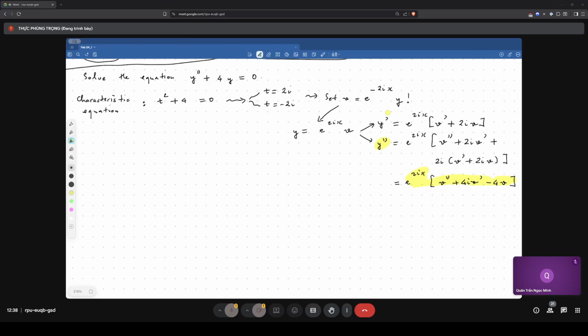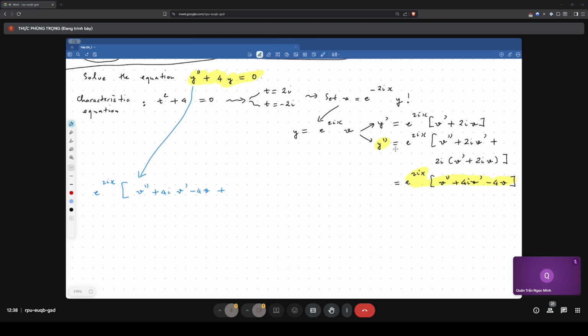And it's time to put it into this equation and see what we get in v, right? You want to see an equation in v. So now you get e to the power 2is times v double prime plus 4i v prime minus 4v.